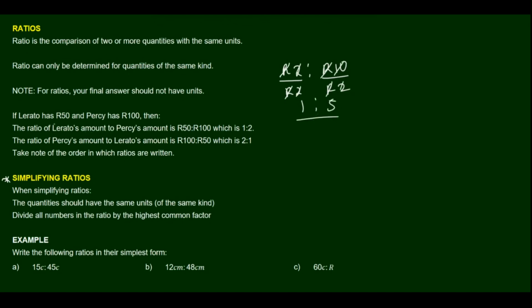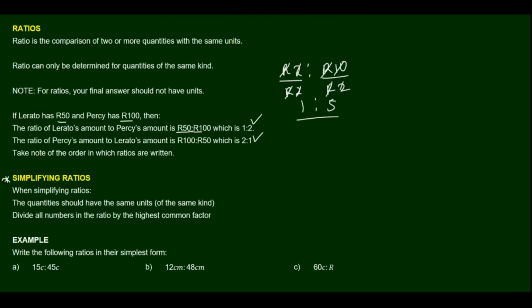For example, if Lerato has 50 rand and Percy has 100 rand, then the ratio of Lerato's amount to Percy's amount is 50 to 100. This reduces to 1:2. The ratio of Percy's amount to Lerato's amount is 100 to 50, which is 2:1.